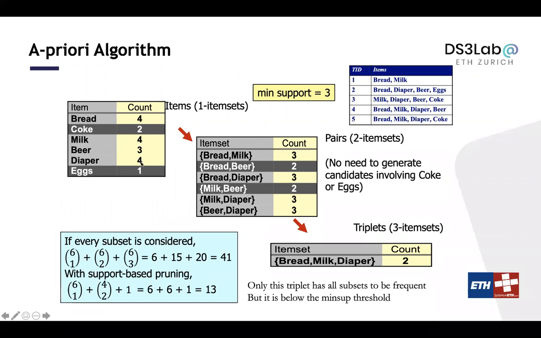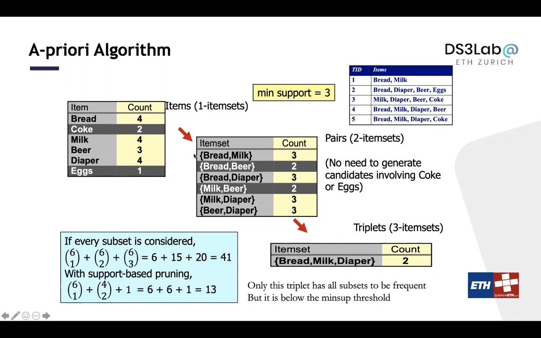What you are going to do is take this and generate a candidate set of size 2. As you can see, here I have 6 of these items. If you consider all the pairs, I should have 30 of those pairs.